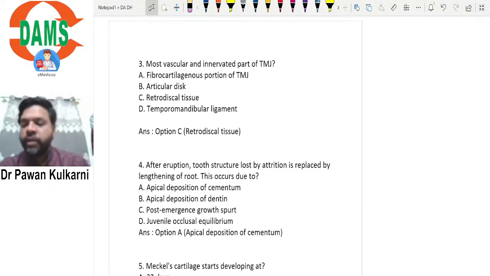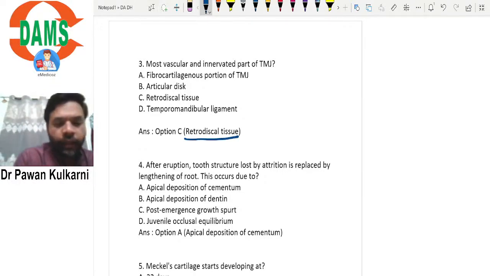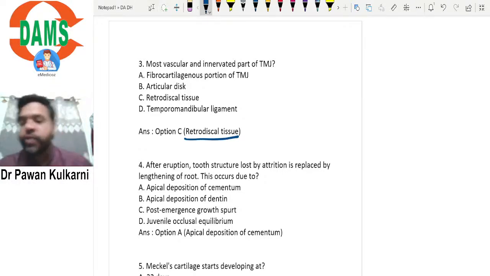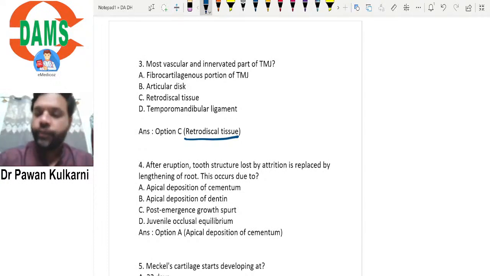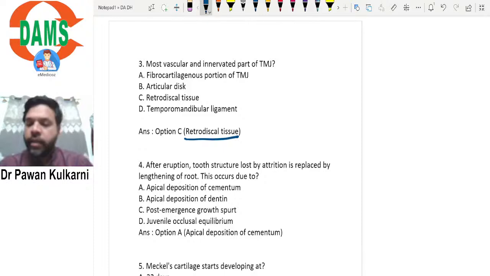Now this retrodiscal tissue, where do you see this? You see this connecting between the TMJ and the capsule.